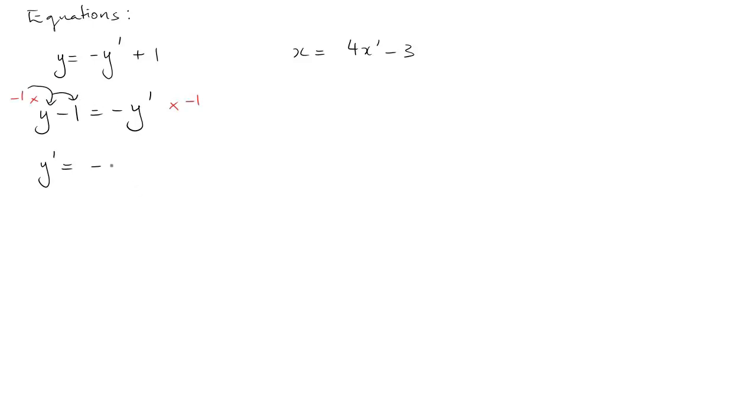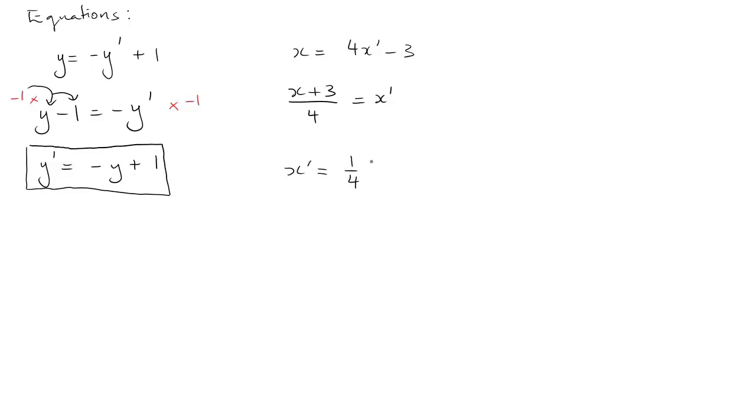So I've got minus y plus 1. That's what has happened. And I do the same thing here. So x plus 3 all divided by 4 equals x dash. Then I can make x dash equal to, take out the quarter and just write, x plus 3.